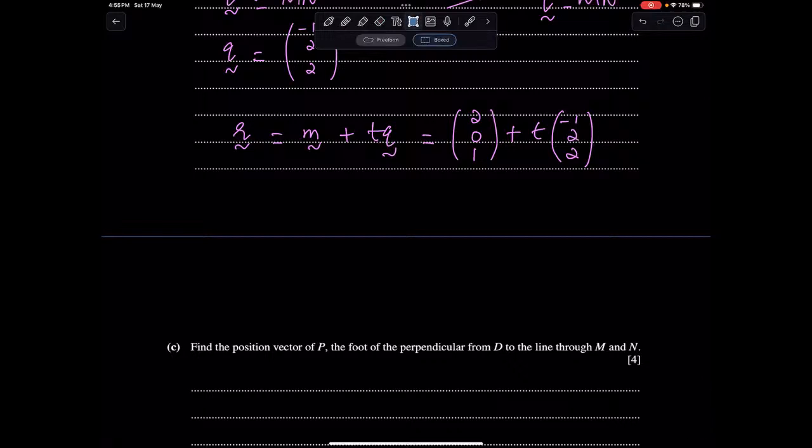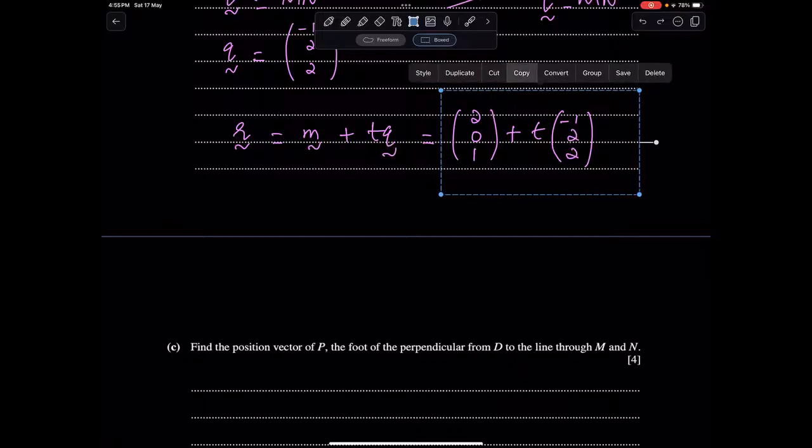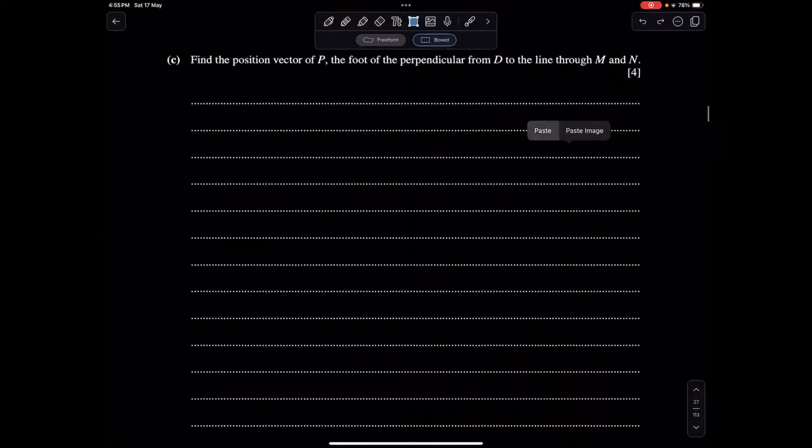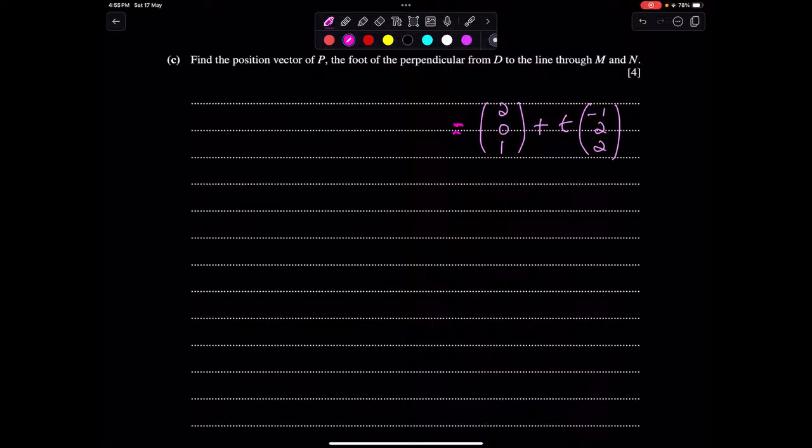So let me copy this equation first. So this is R. Now make a rough sketch. This is Q, the direction vector of the line.